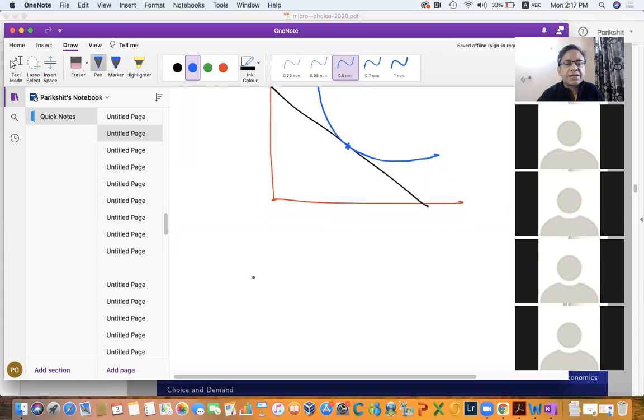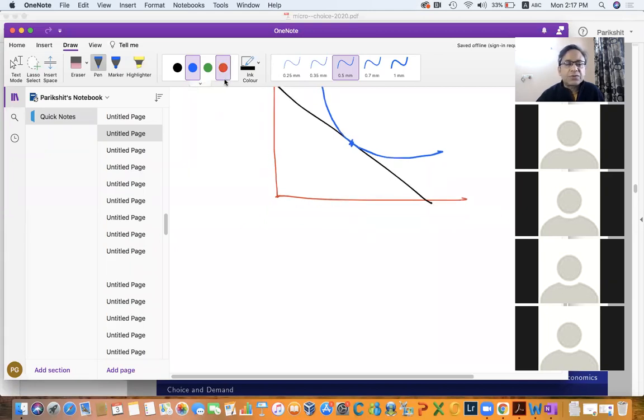You may have a case where the tangency point is like this. If I claim this is a point of tangency, it may be that it's linear, it's straight like this. Maybe it later bends up. In that case, this won't be a unique local maximum.